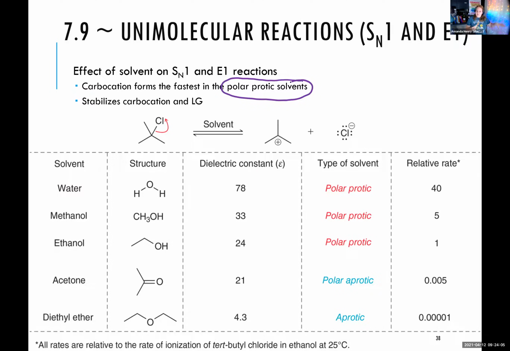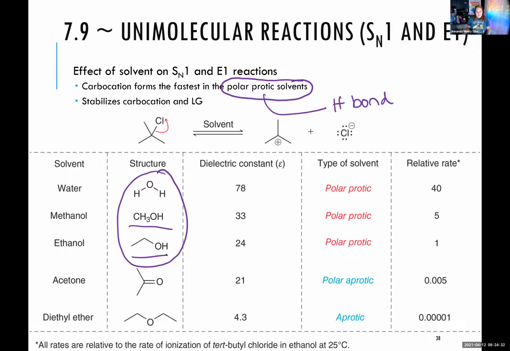A few slides back, we looked at the difference between polar protic, polar aprotic, and nonpolar solvents. Polar protic means that it's polar, and the protic part means that it can hydrogen bond. So water definitely falls into this category. Different alcohol groups fall into this category, and those are going to be the ones that we see most commonly.